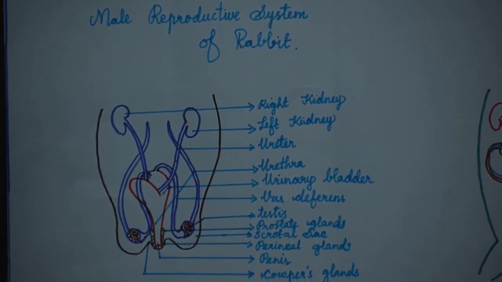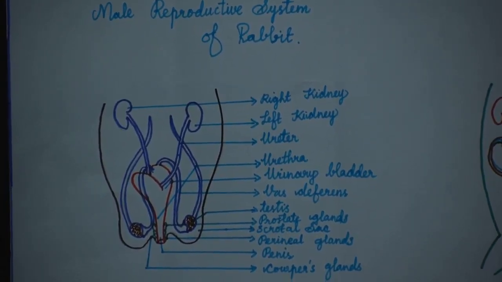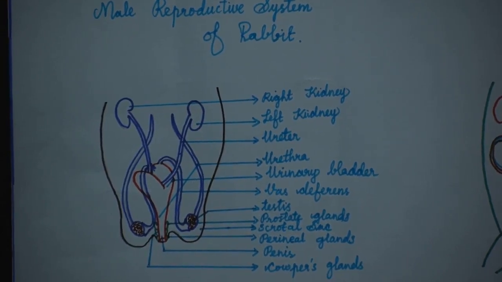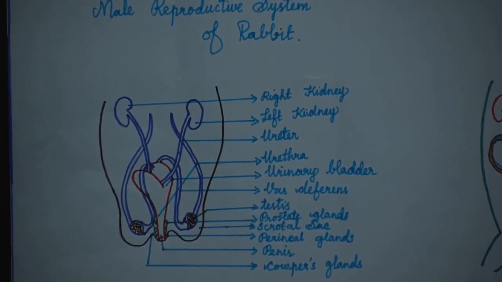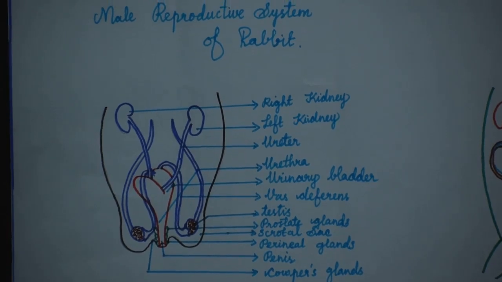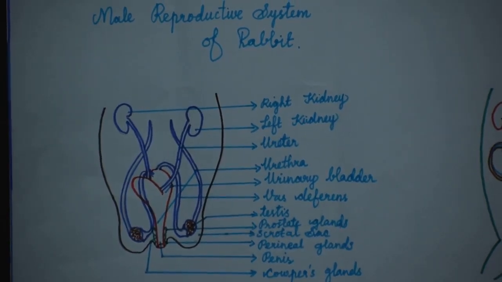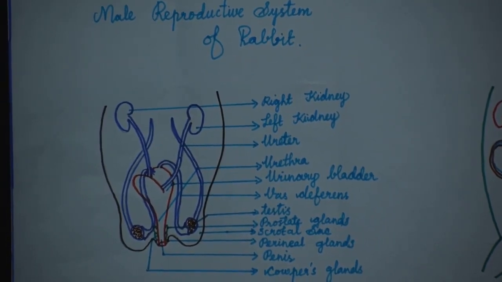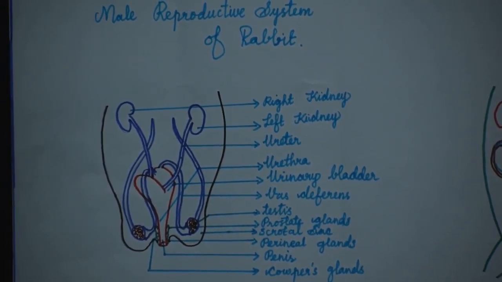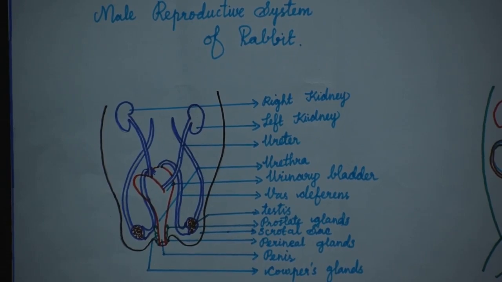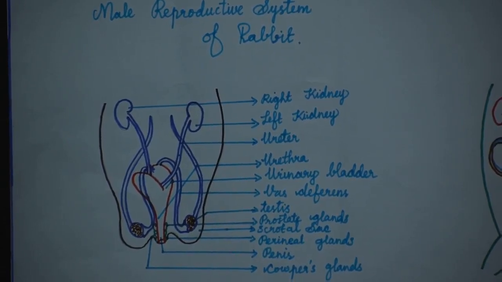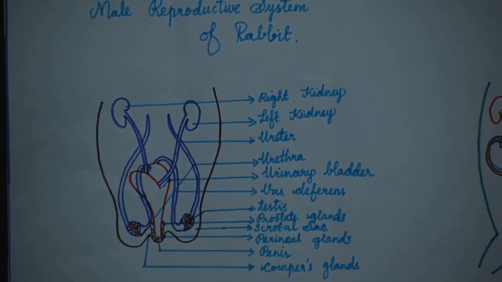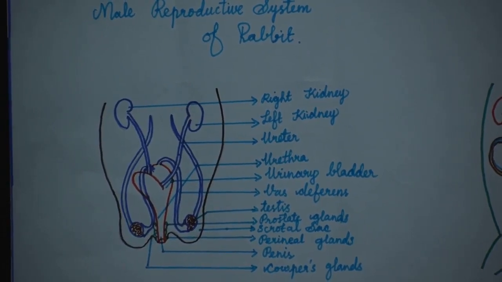Excretory system consists of a pair of kidneys, ureter, urinary bladder and urethra. The kidney consists of millions of nephrons. It excretes some waste from the blood in the form of urea. Have you understood? The next, reproductive system of rabbit.